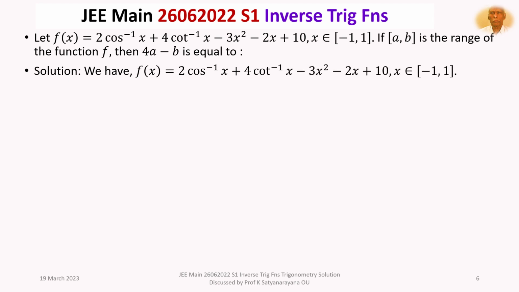We have the function f of x is equal to 2 cos inverse x plus 4 cot inverse x minus 3x square minus 2x plus 10, where x belongs to the closed and bounded interval minus 1 to plus 1.